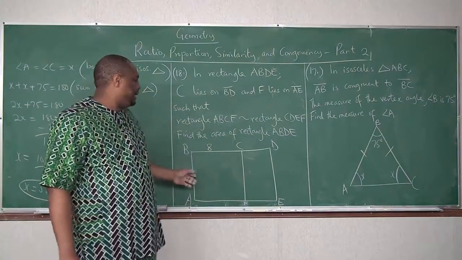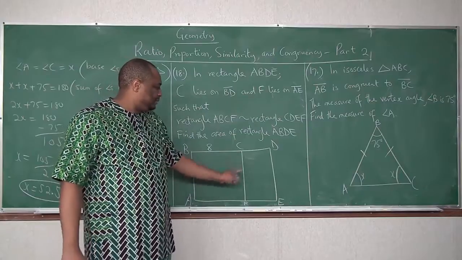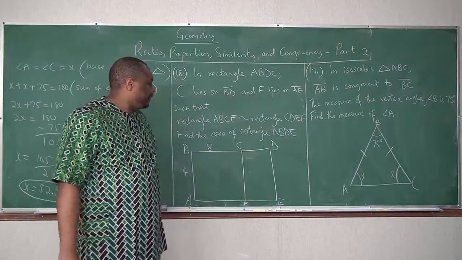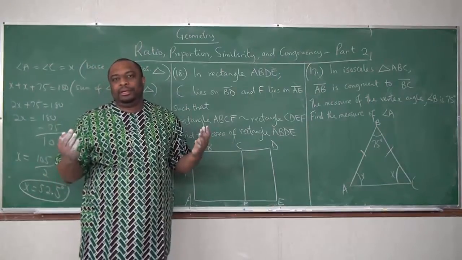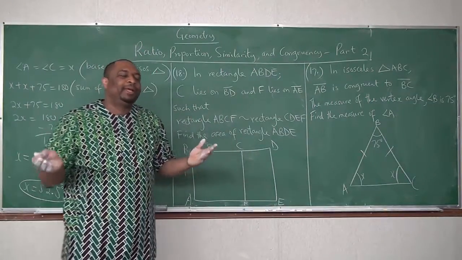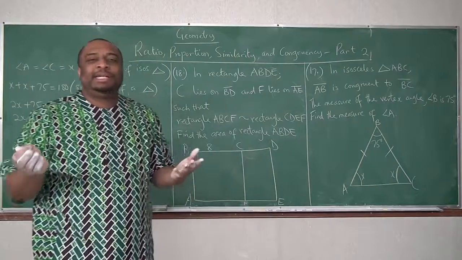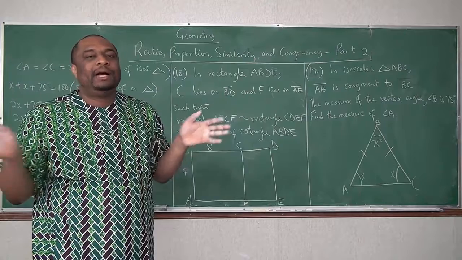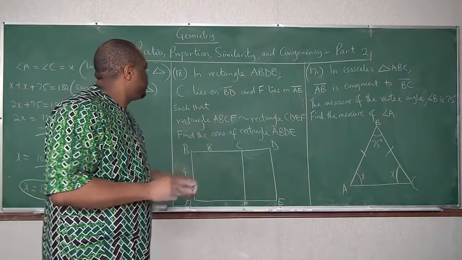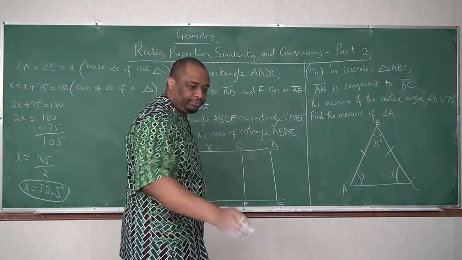Okay, by looking at this, we know that line segment CF is 4. But let us not go by that. Well, we can go by that anyway, I'm sorry. We can go by that line segment CF to be 4. But how do we find line segment CD? How do we find it? Okay, so let's look at this here.